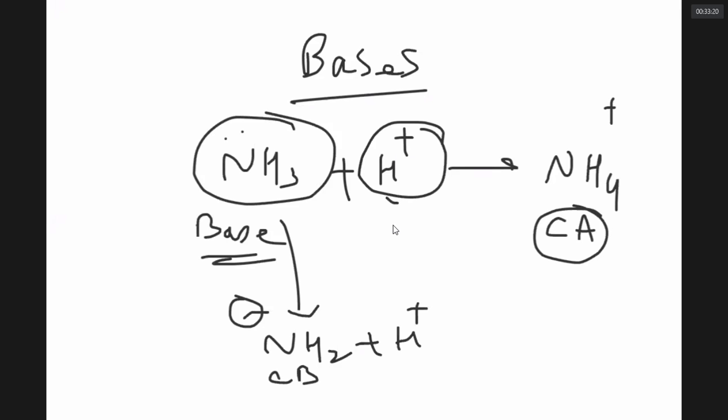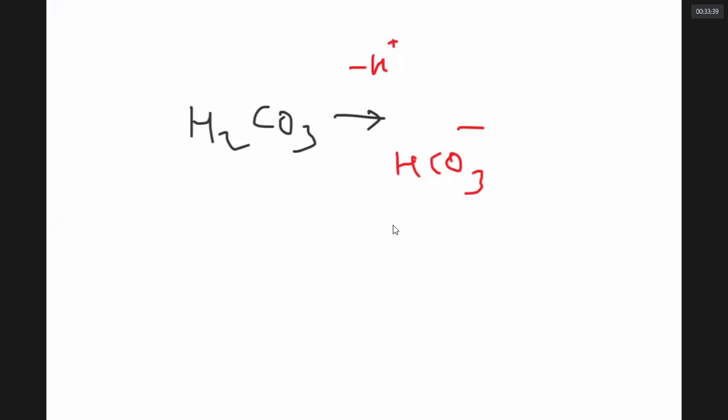Can you think of this? If you are having H2CO3, what is its conjugate base? It is HCO3 minus ion, because you have to remove H plus. Now, what is the conjugate base of bicarbonate ion?